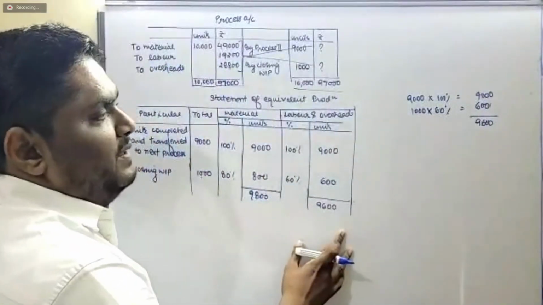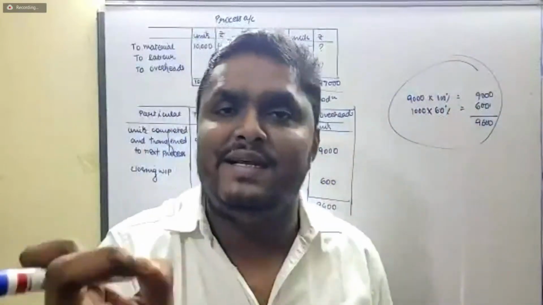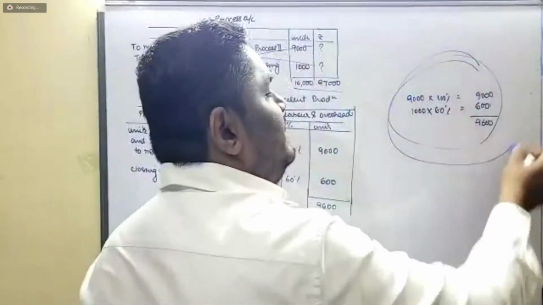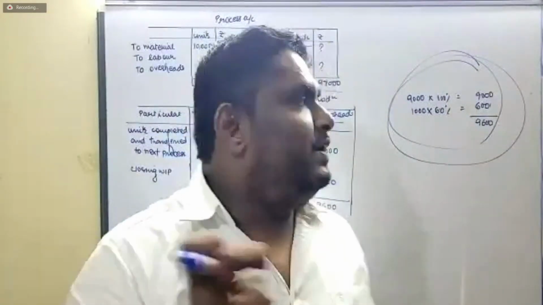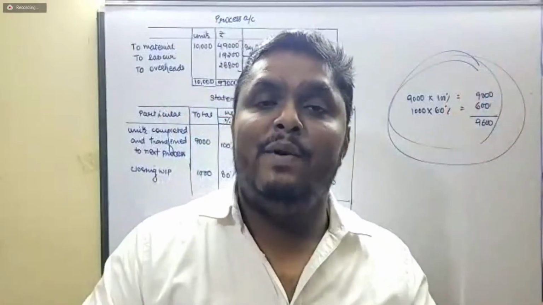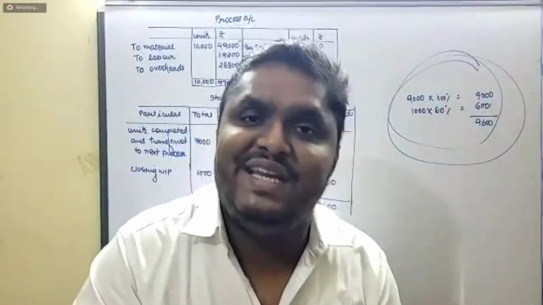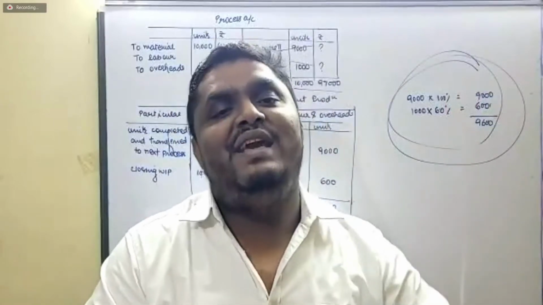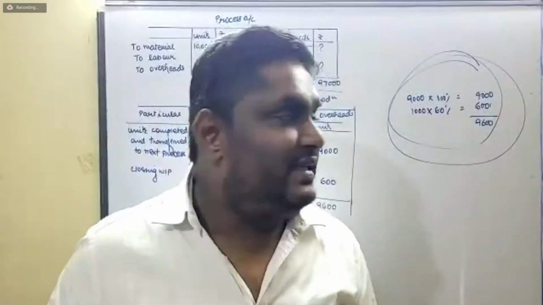That's why we have prepared this statement. If the percentage of completion of labor, overheads and material was the same, we would have presented it this way: 9,000 units, 100% complete. 1,000 units, 60% complete. Total is 9,600. That is the number of units that are 100% complete. But herein, the percentage of completion in respect of material, labor and overhead is different. So that's why we have prepared this statement.